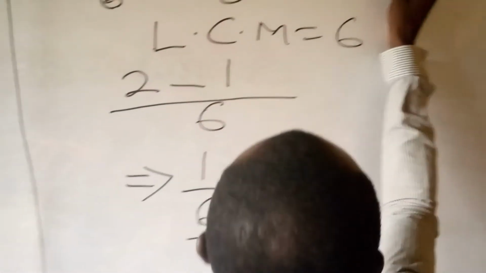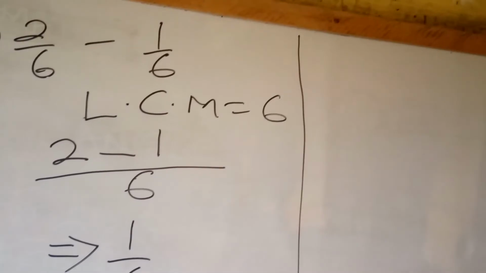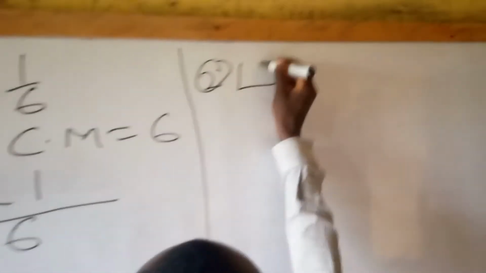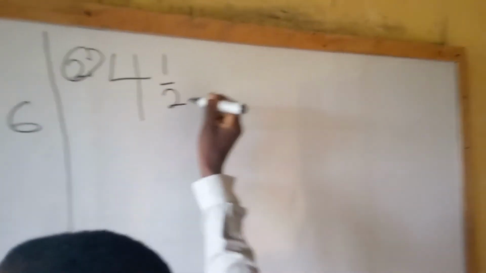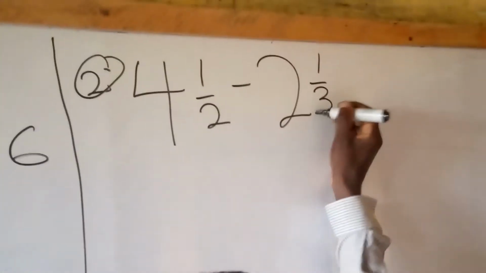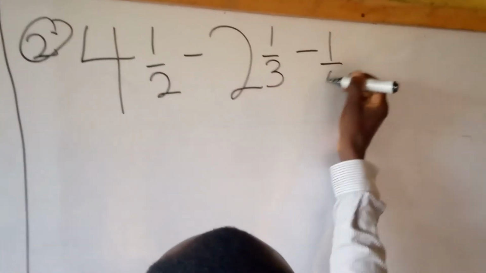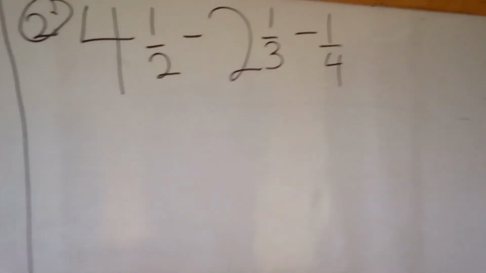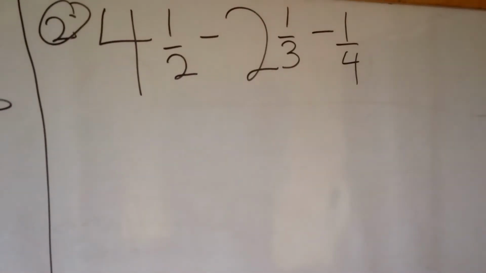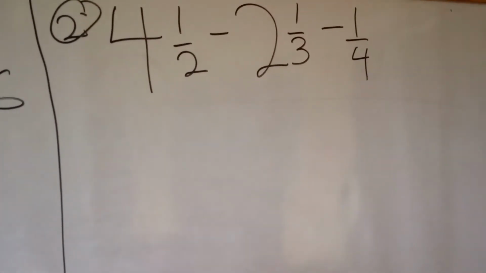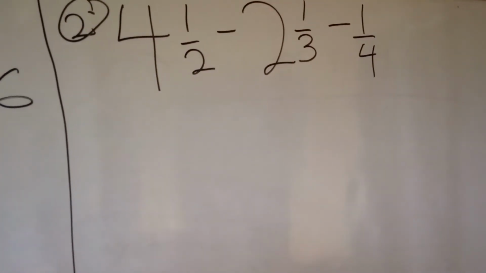Example 2. We have 4 whole number 1/2 minus 2 whole number 1/3 minus 1/4. So we've been given mixed fractions, and as I always say, you change them to improper fractions.